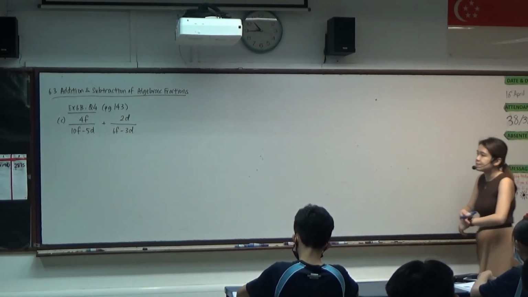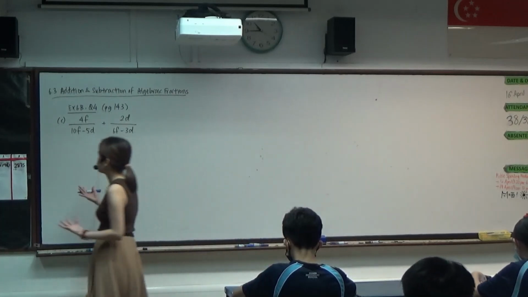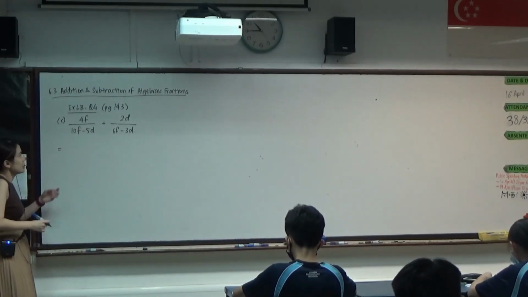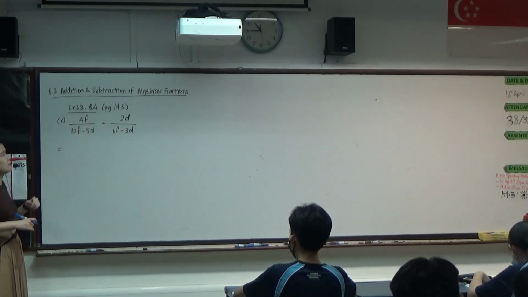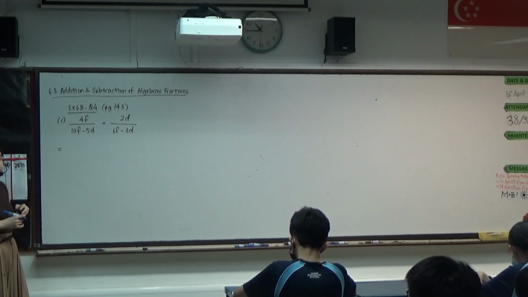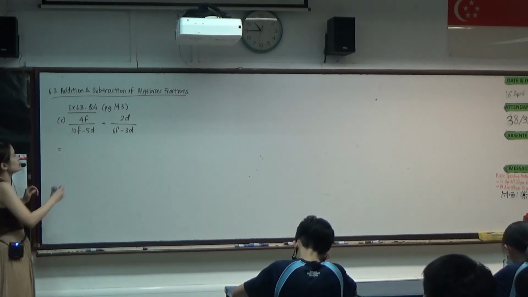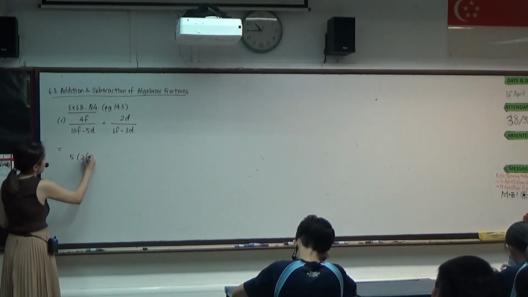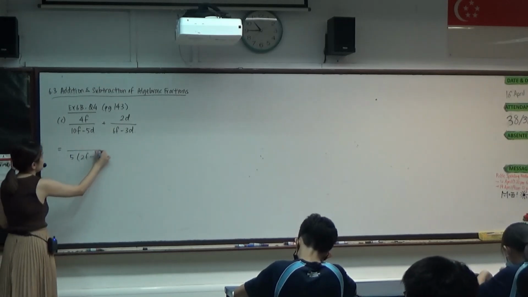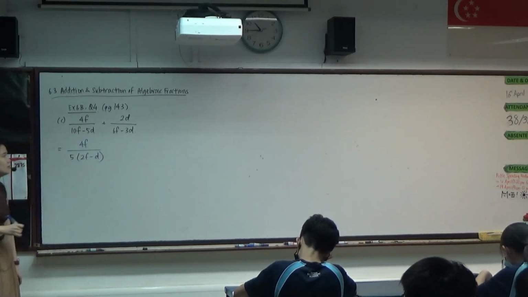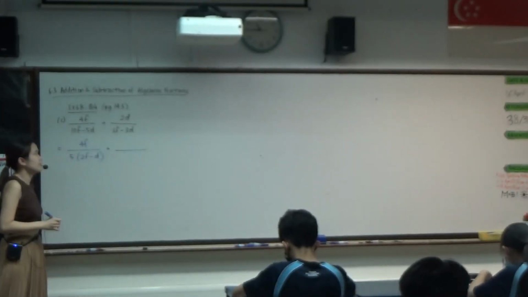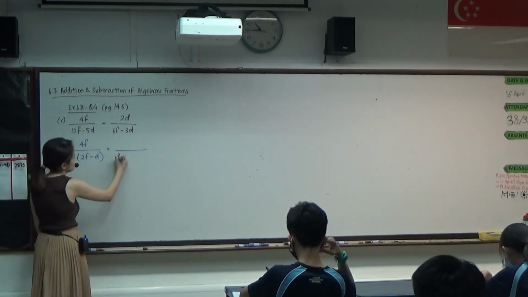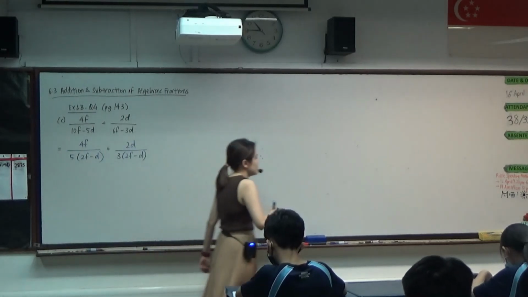As mentioned, we try to factorize the denominator if it's possible, and in this case it is possible because 10f minus 5d has a common factor of, what common factor does it have? 5, right? So we factorize our 5 and we have 2f minus d. Numerator remains unchanged. And then in the second fraction, we can factorize out a factor of 3. So we arrive at this.